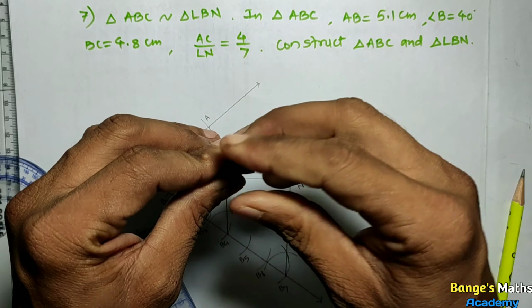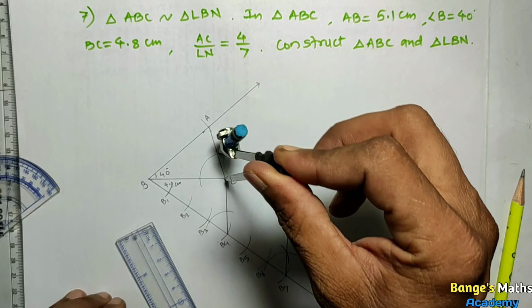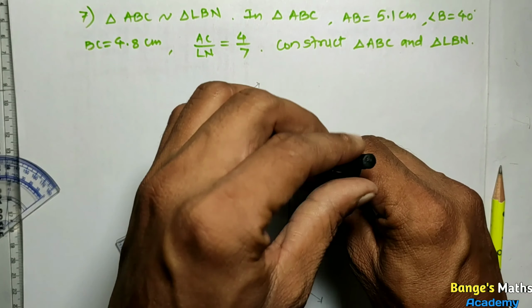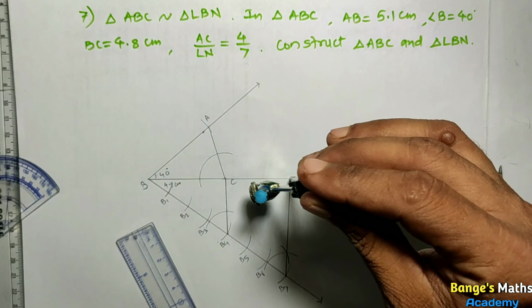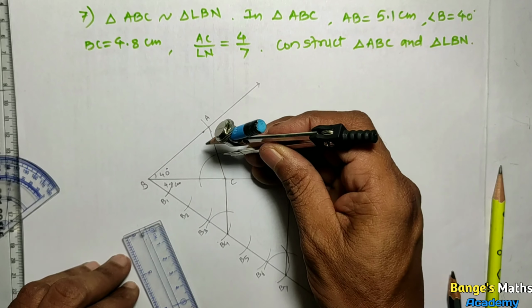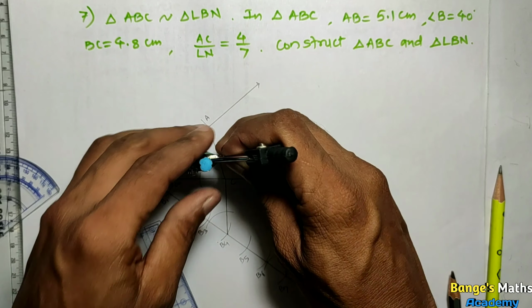Take suitable distance in compass and draw arc like this. Put compass keeping the distance same on point N and draw arc. Take distance in compass.